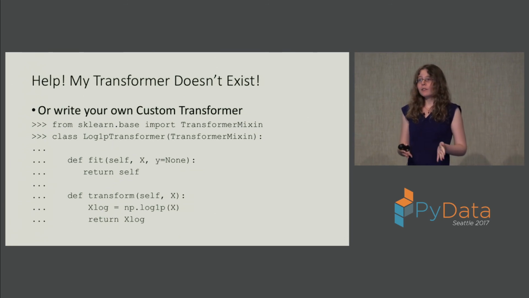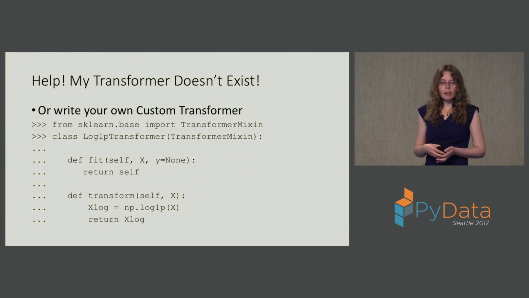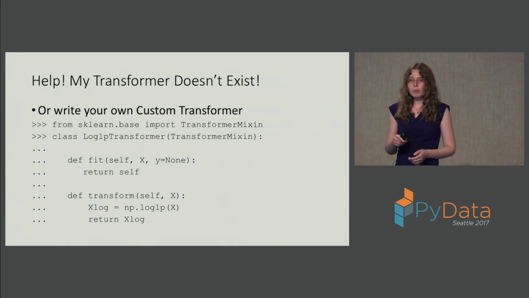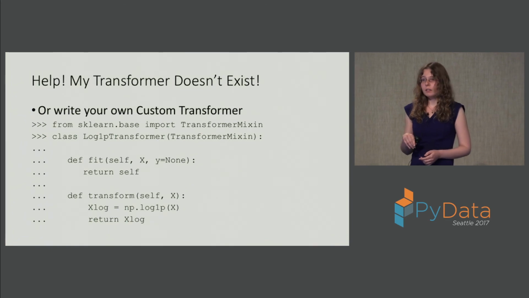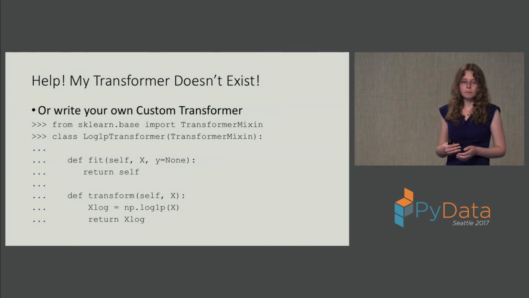So this is a very simple example. Obviously, we just did it with a function transformer. You don't need to, but just to start out. So we'll create a class called log1p transformer, and it will inherit from the transformer mixin. So the transformer mixin will take the fit and transform methods and automatically create the fit underscore transform method, which is just a convenience method.